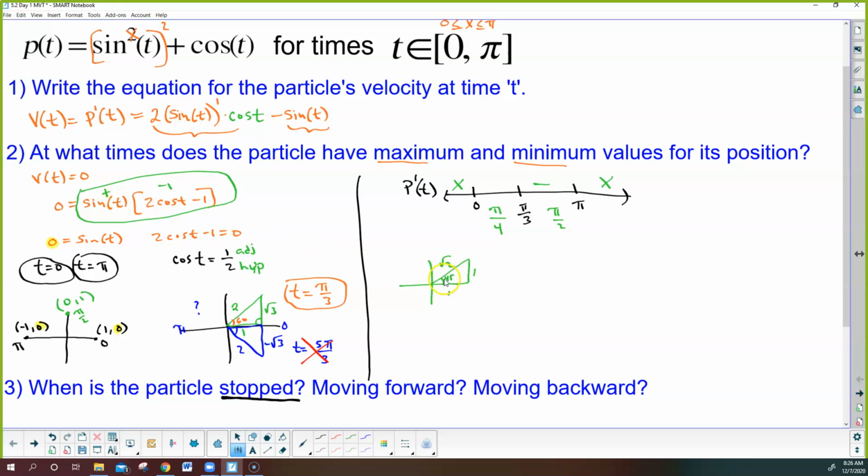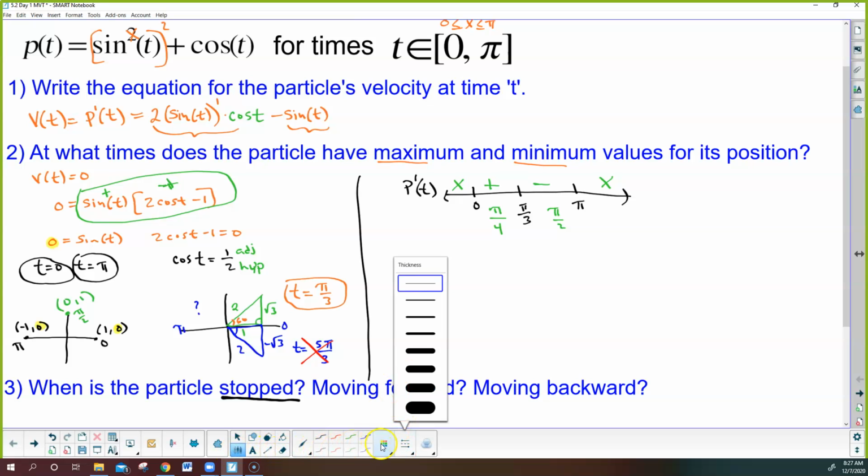If I plug in cosine, cosine of pi over 4 is 1 over square root 2, or if we simplify that, we end up with the square root of 2 minus 1. Well, the square root of 2 is bigger than 1, so this is positive as well. So, like I said, you may have to review your trig a little bit to solve those, but that should be something very straightforward.